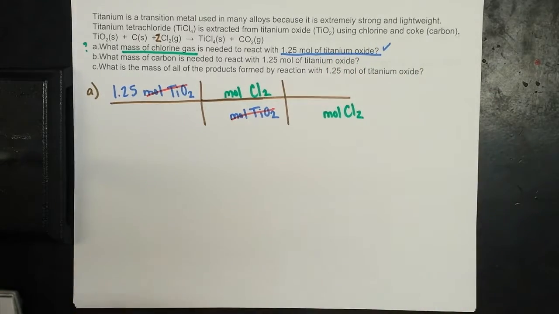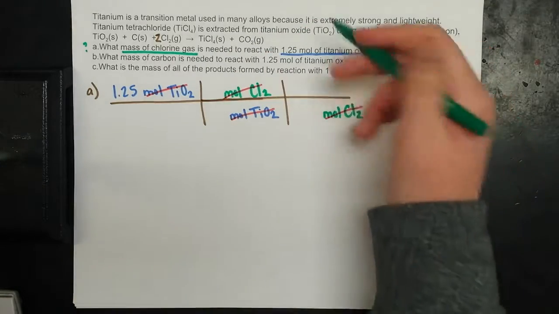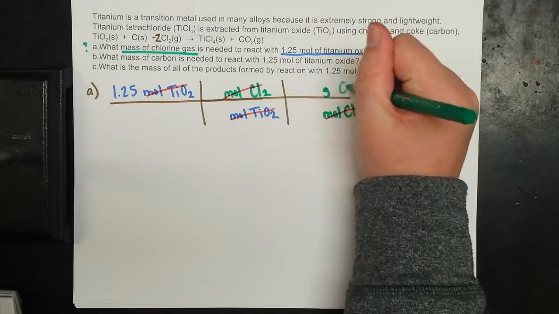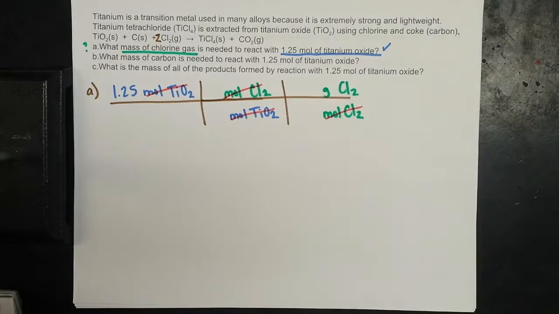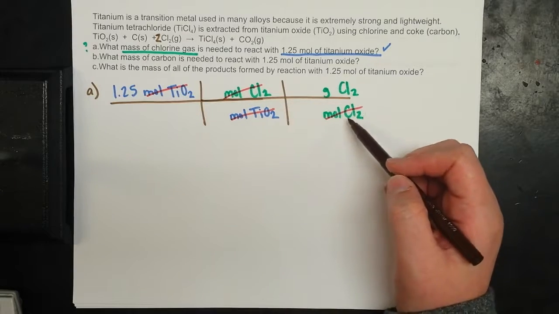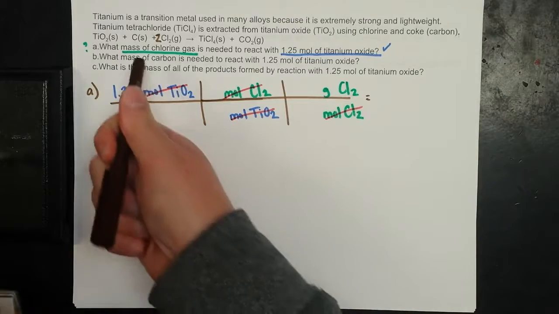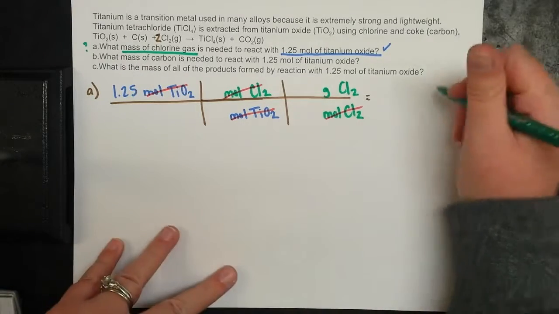Okay, so now I know my moles of Cl2 cancel, and I know that I can convert between the moles and mass of one substance. So I'm going to go ahead and put that up top in my numerator. And my moles of titanium oxide cancel, my moles of chlorine gas cancel. Now I'm left in grams of chlorine. That's exactly what I was asked to find. So I'm going to put that in my answer.